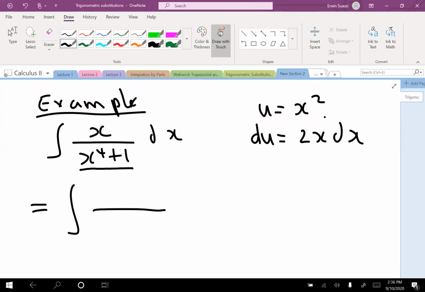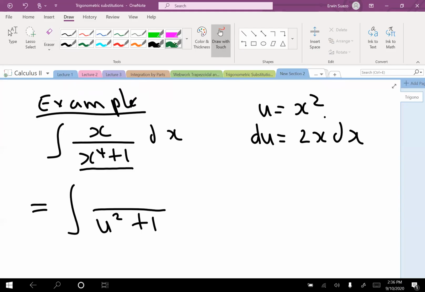Okay, so let me go slow on that. So u equals x squared. Since I need x to the 4, if I square both sides, I get x to the 4. So instead of x to the 4 plus 1, I get u squared plus 1, right? But my substitution is u equals x squared. Now I need to replace x dx.